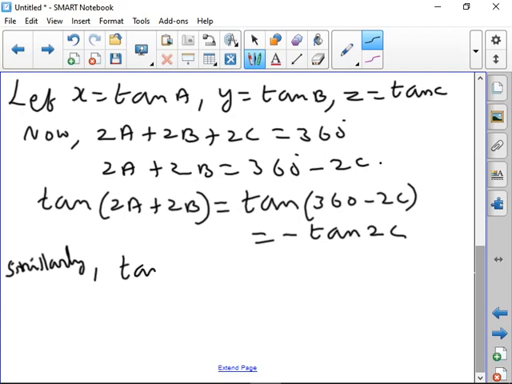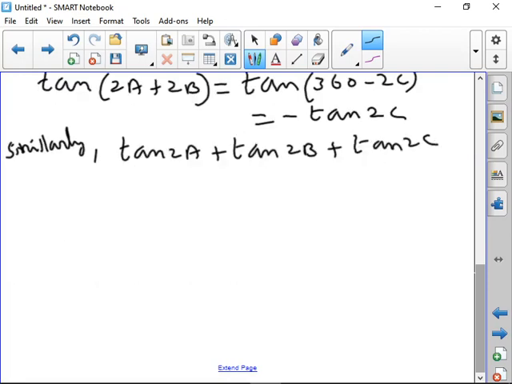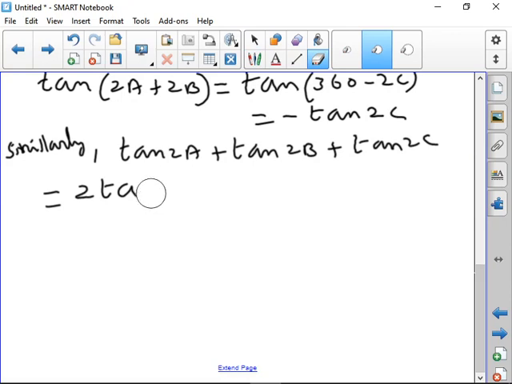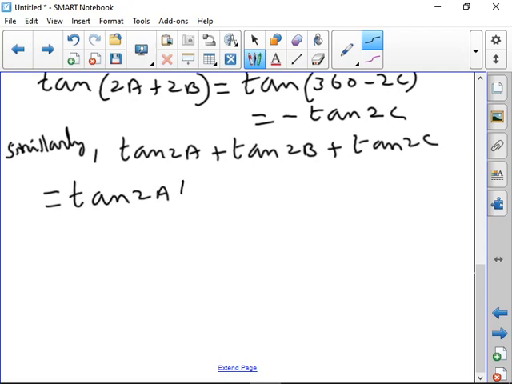Tan 2a plus tan 2b plus tan 2c is equal to, using the identity, tan 2a into tan 2b into tan 2c.